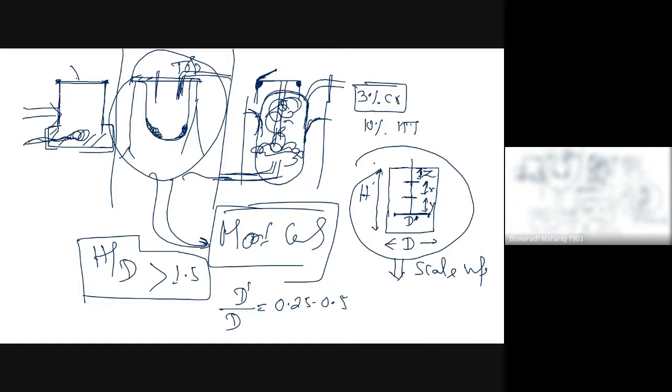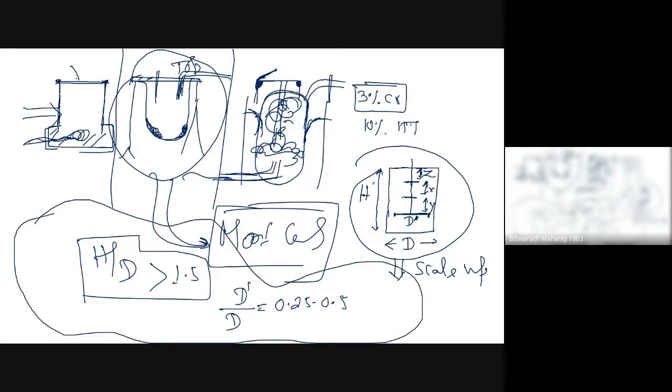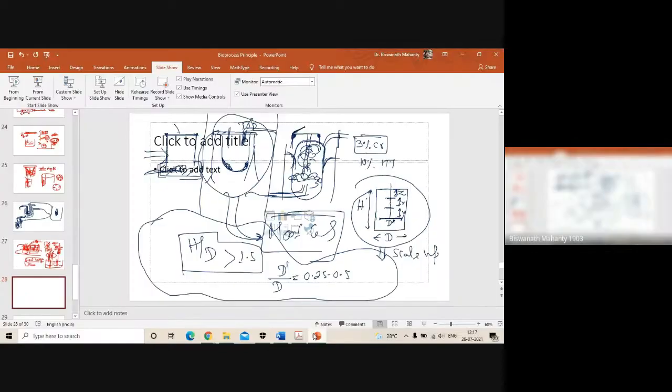That means all dimensions will increase. I will not simply stretch the height or diameter, not like that. Those ratios are normally kept constant when going from small to moderate scale bioreactor systems. That is all basically basic things. I'll come to your textbook also for some time so that you can track it.